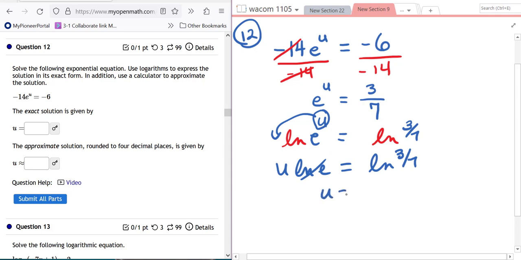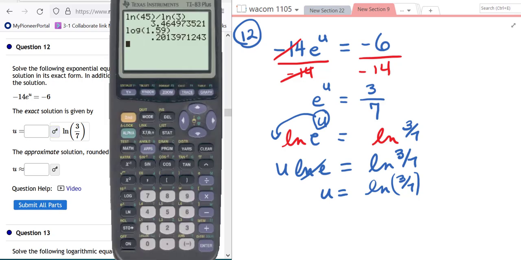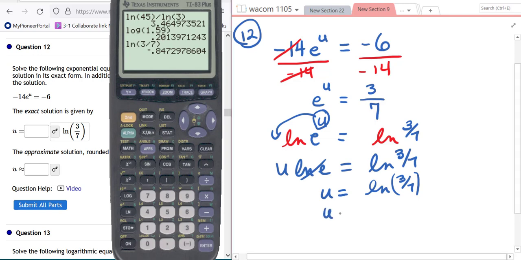So you have u equals the natural log of 3/7. That is an exact answer. And then you will go in your calculator to get an approximation. So natural log of 3 divided by 7, close, enter. Right, and so here we have one that is negative.